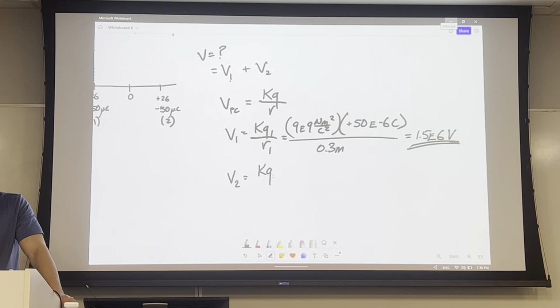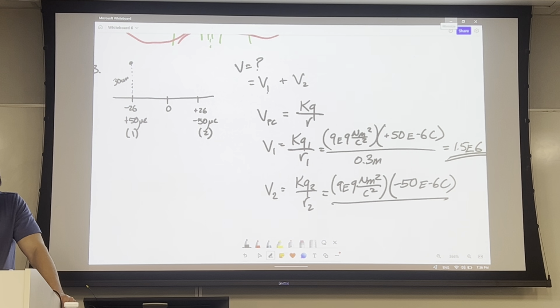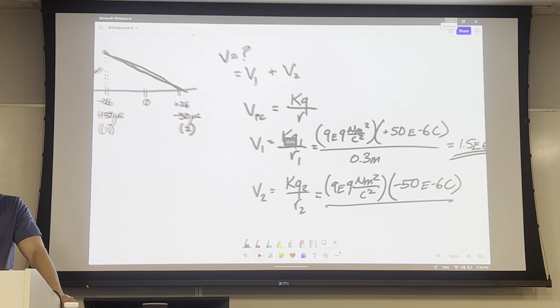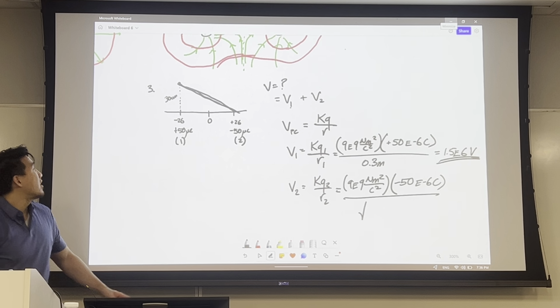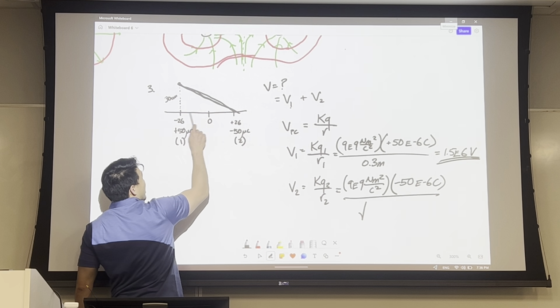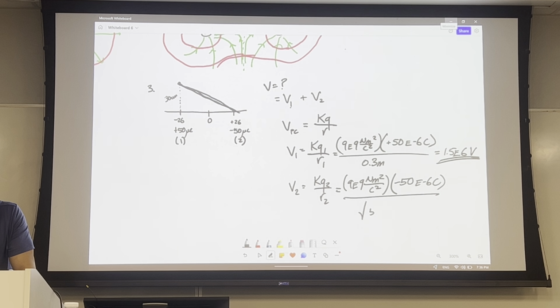Voltage 2 is KQ2 over R2, which is 9 times 10 to the 9th newton-meter squared over coulomb squared. The charge this time is negative, so it's negative 50 times 10 to the negative 6 coulombs divided by the distance R2. We need the hypotenuse here. So that's the Pythagorean theorem, which is the square root of, this is one of the lengths, which is 52 centimeters.